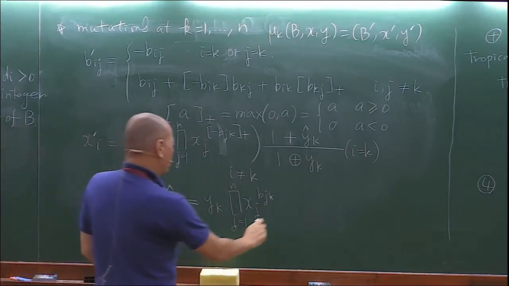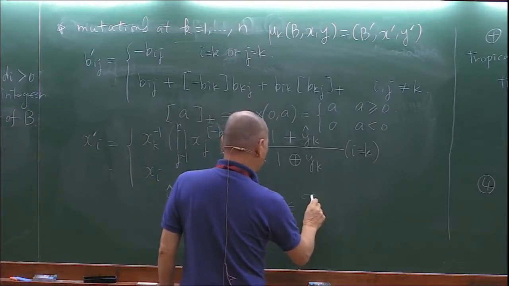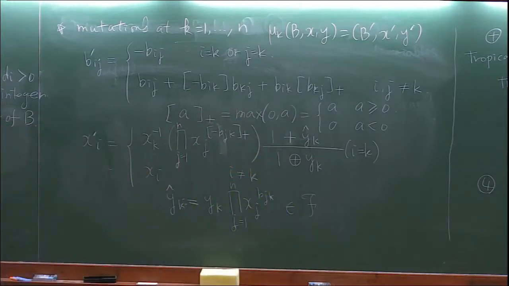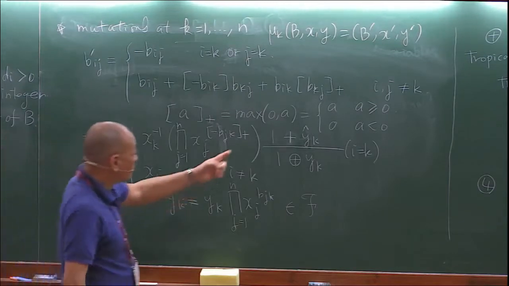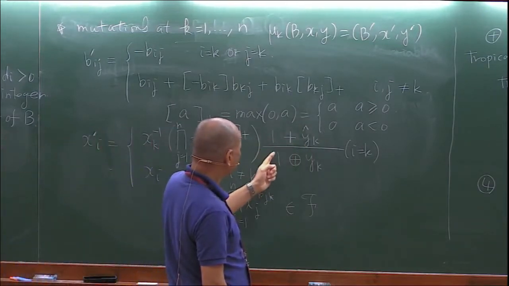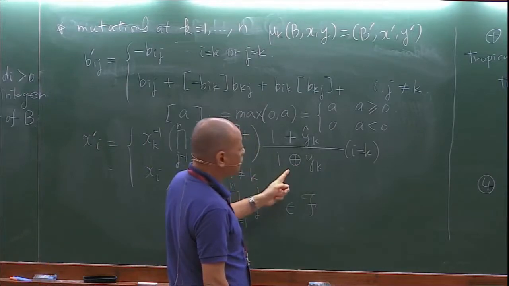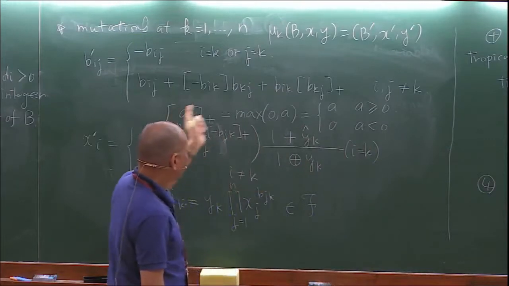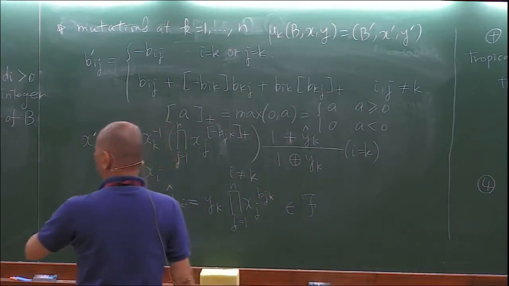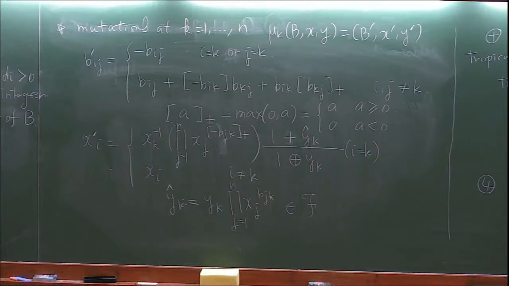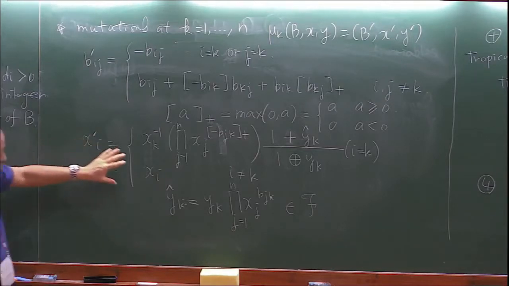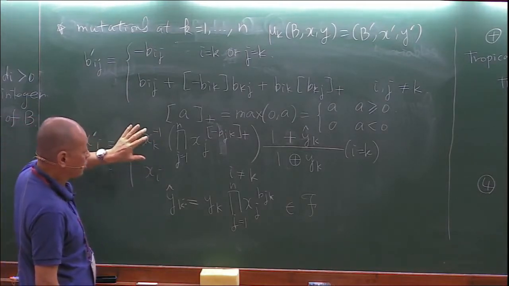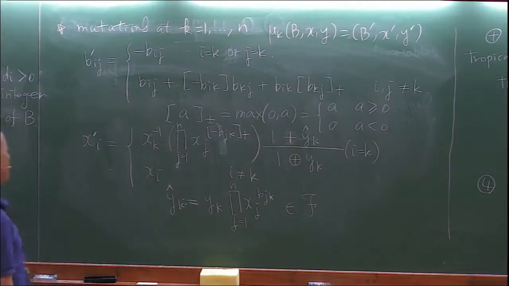This is an element in the ambient field F. This operation is in the ambient field, and this is just a multiplication of elements of P, which is considered as part of QP. So they still belong to these things. One thing we have to check is that the algebraic independence condition is preserved, but you can easily prove this from this simple transformation, which I leave as an exercise.